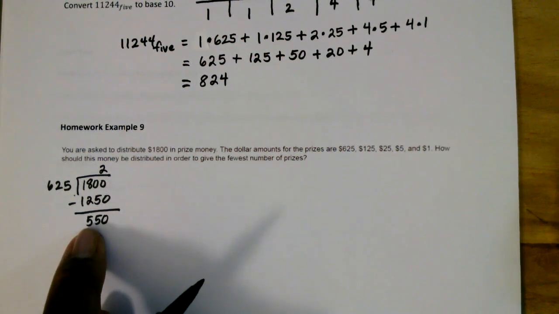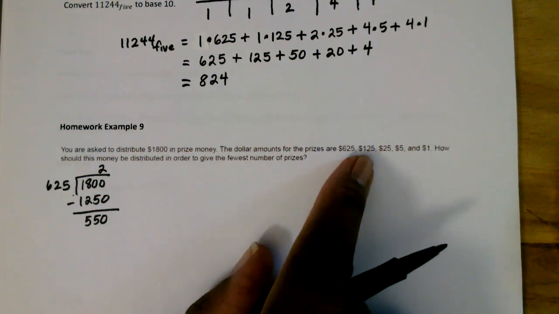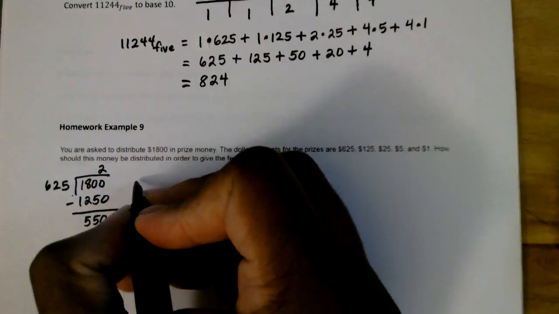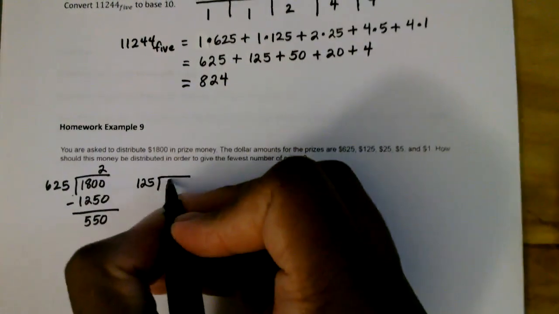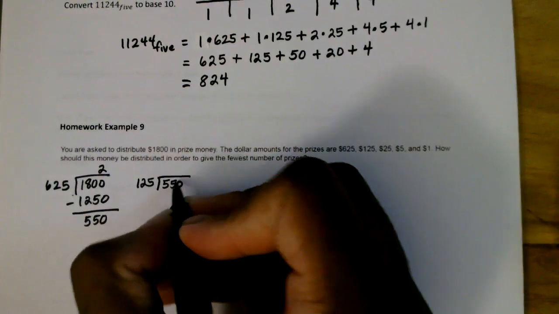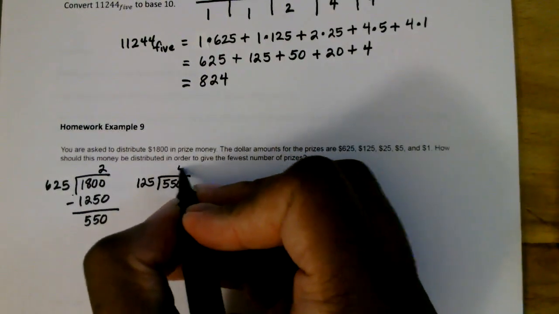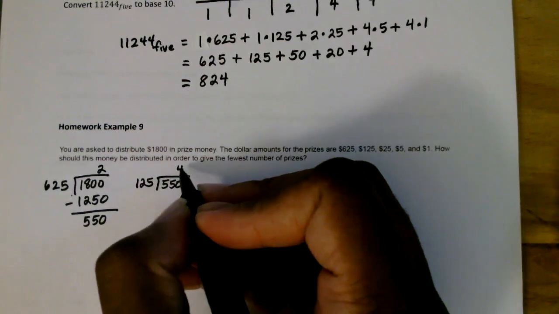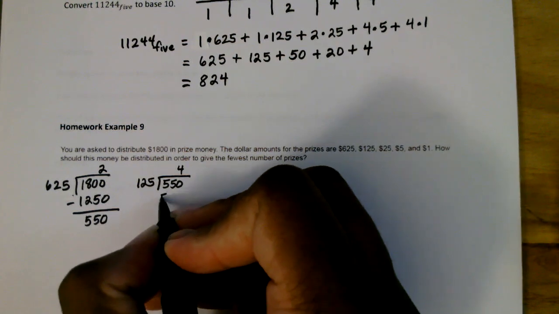I'm going to use that to come up with the fewest number of prizes I can give for $125. So I'm going to divide 125 into 550. 125 goes into 550, I believe, let's say 4 times. And if I multiply 4 times 125, that would be 500.